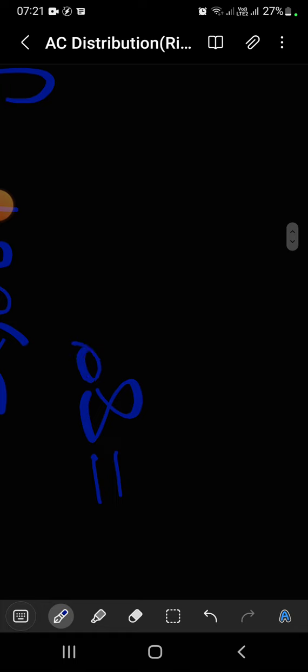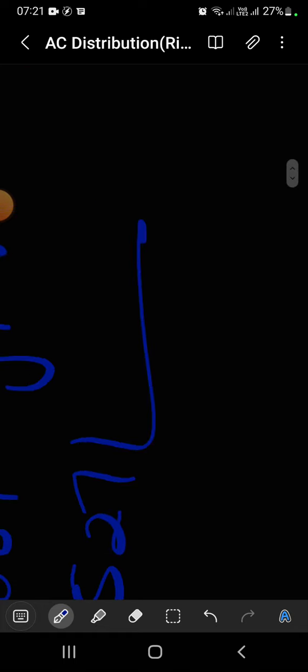Converting it to polar, you get 89.527 at an angle of minus 55.21. That's IAB.